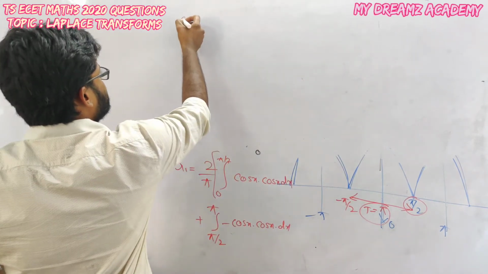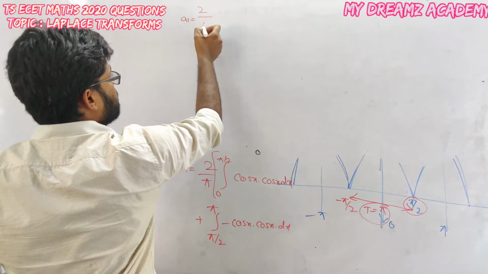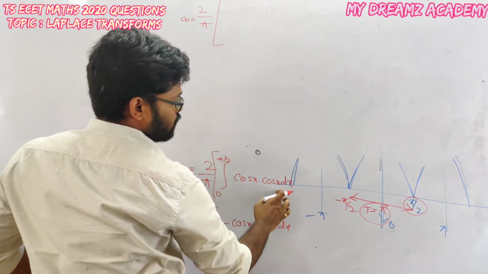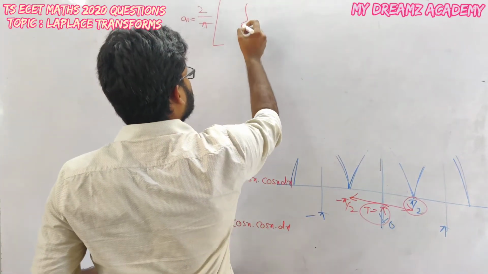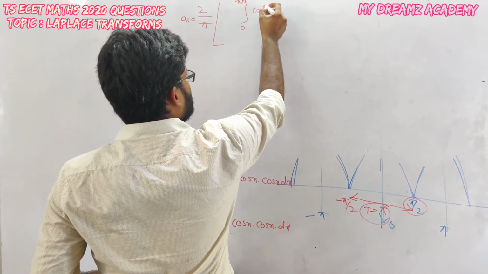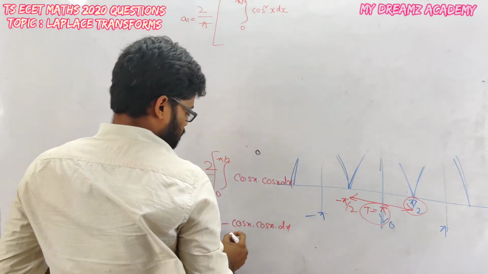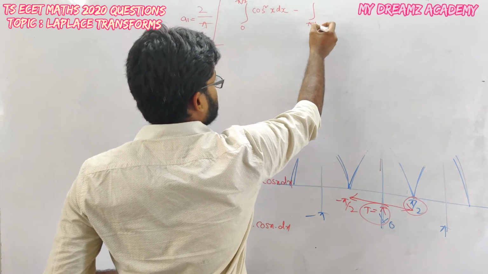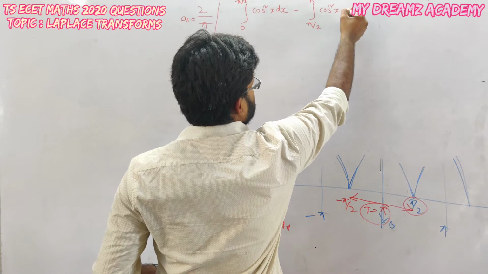a1 is equal to 2 by pi, as it is. Cos x into cos x is nothing but cos square x, integration over 0 to pi by 2 of cos square x dx, and minus integration from pi by 2 to pi of cos square x dx.